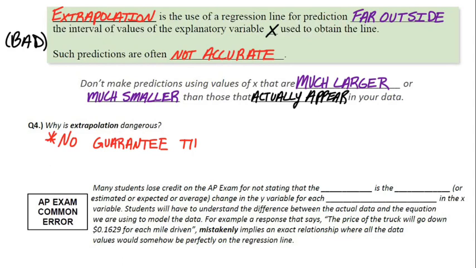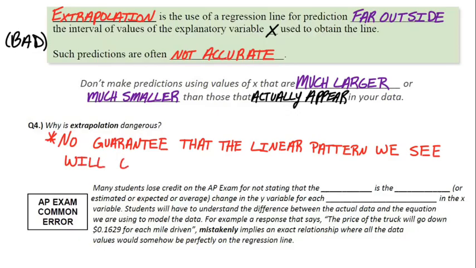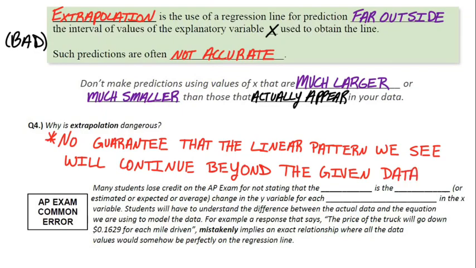There's no guarantee that the linear pattern we're using to make predictions is going to continue beyond the given data that we already have. For example, for the trucks, there's no way that linear pattern would have continued and given you a negative answer for 250,000 miles.